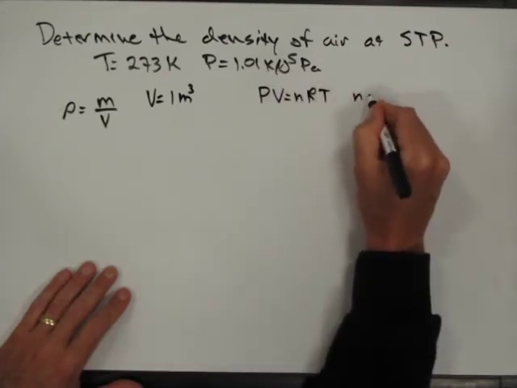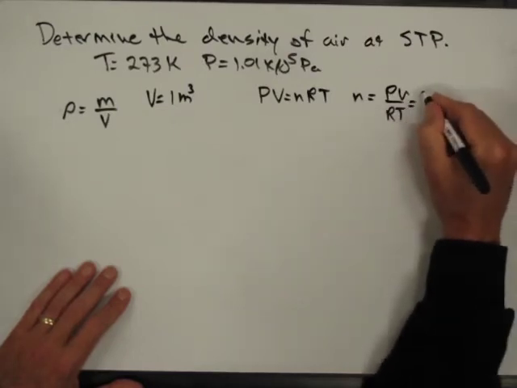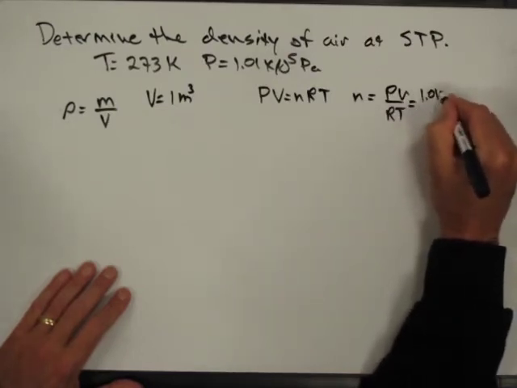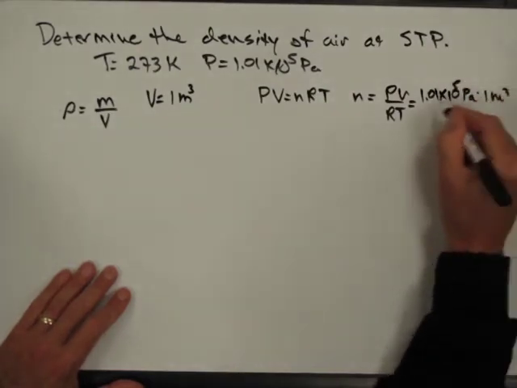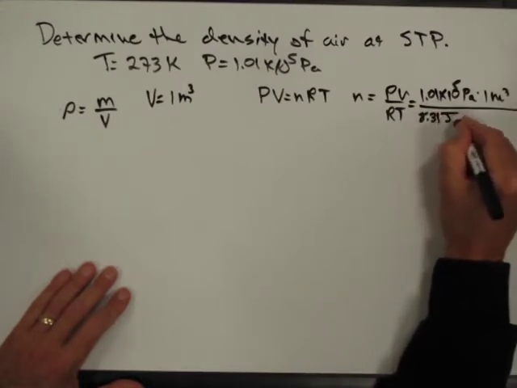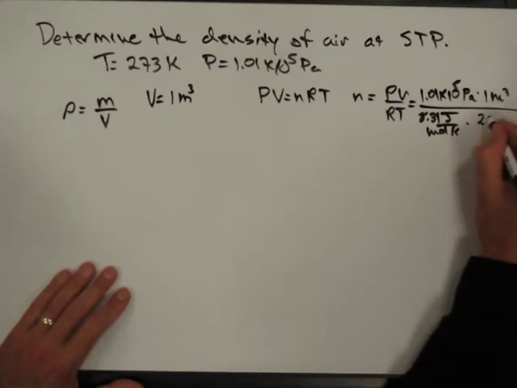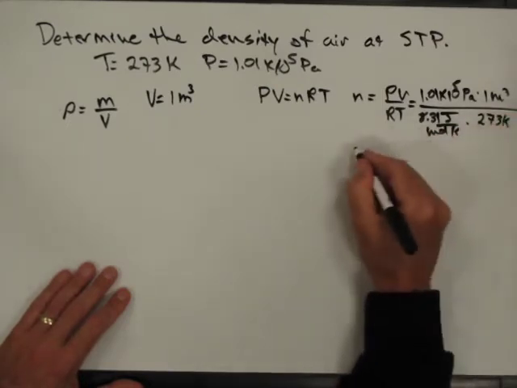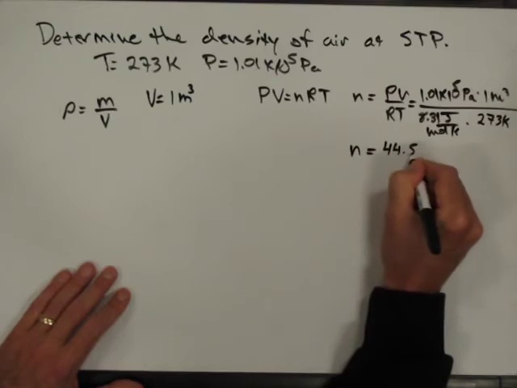Then n is equal to PV over RT, and that's 1.01 times 10 to the 5th pascals times 1 meter cubed divided by 8.31 joules per mole Kelvin times the temperature, which is 273 Kelvin. What I get for that is n is equal to 44.5 moles.